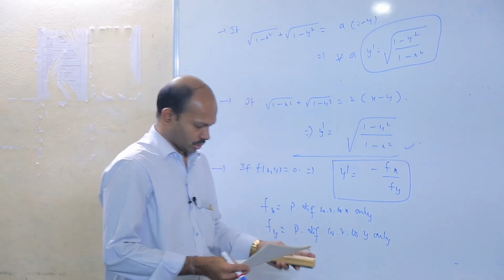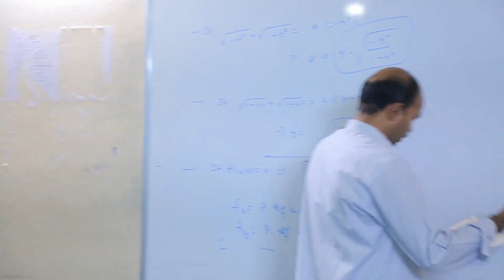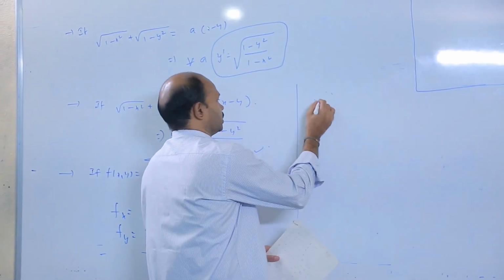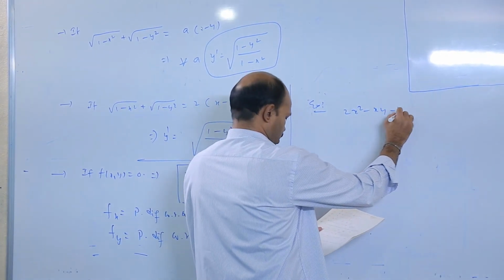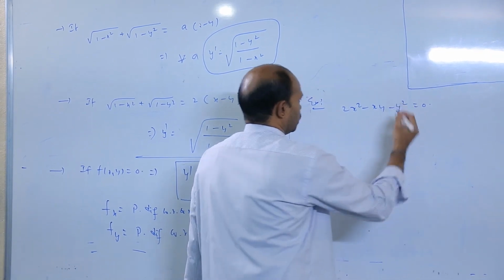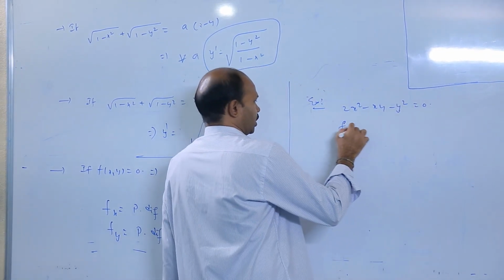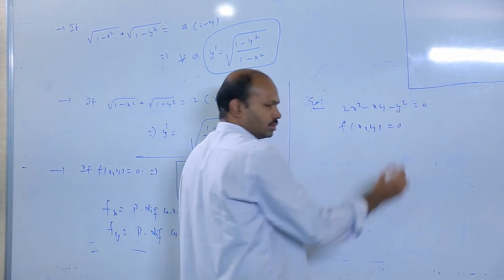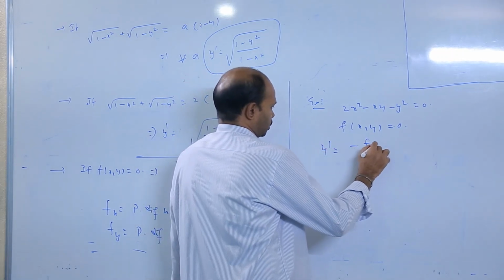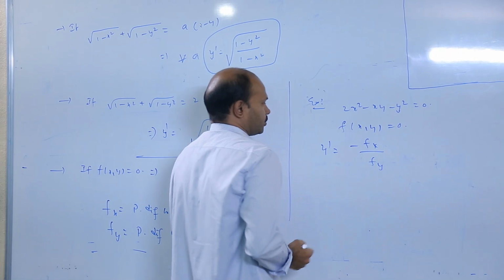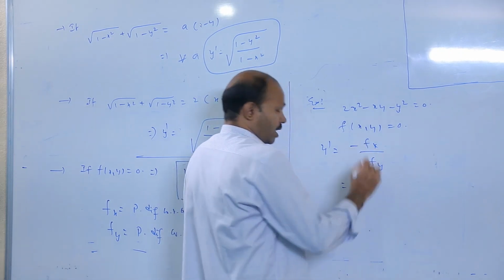See, for example, observe this question. Given that the relation is 2x square minus xy minus y square is 0. It should be in the form f of x, y is equal to 0. You know that y dash is equal to minus fx by fy. What is fx?